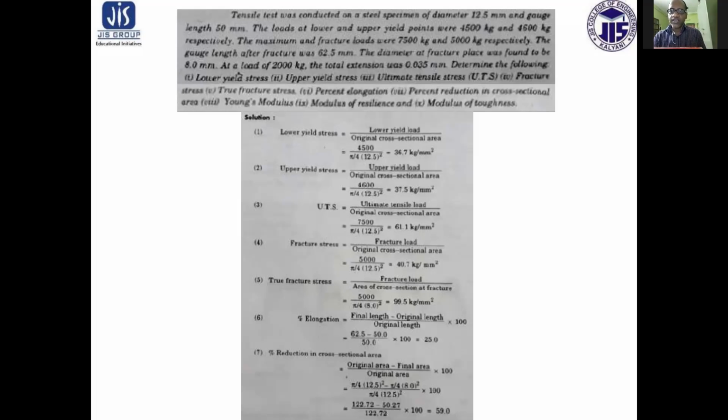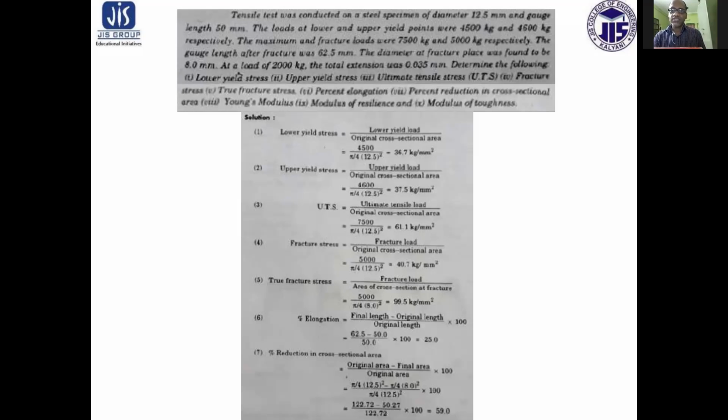The diameter after fracture is found to be 8 millimeter. So we calculate the true fracture stress by dividing the fracture load, which remains the same, 5000 kg, by the area of cross section at fracture, given by pi by 4 into 8 square. So that is 99.5 kg per millimeter square.